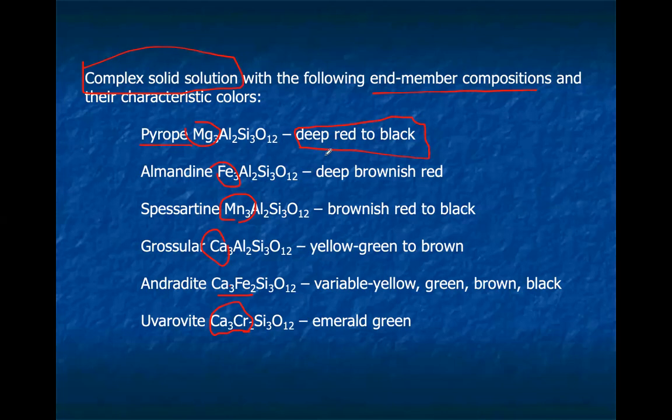Anyway, the colors are different in these different compositions. So you have deep red, deep brownish, and almandine also comes in deep red. Okay, so remember, brownish red it says, but you will see the samples physically later on. And spessartine, brownish.